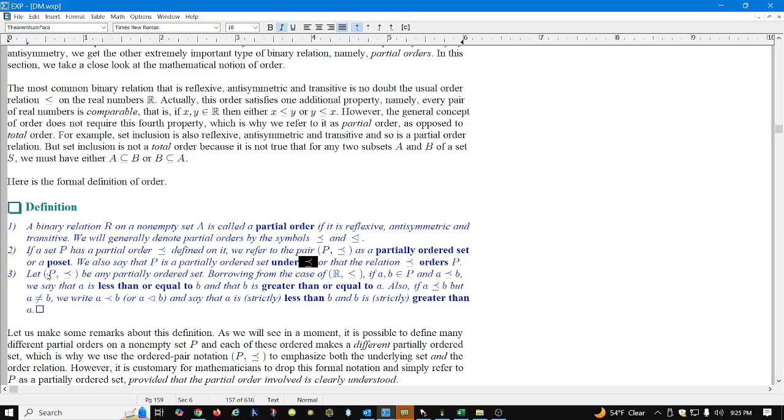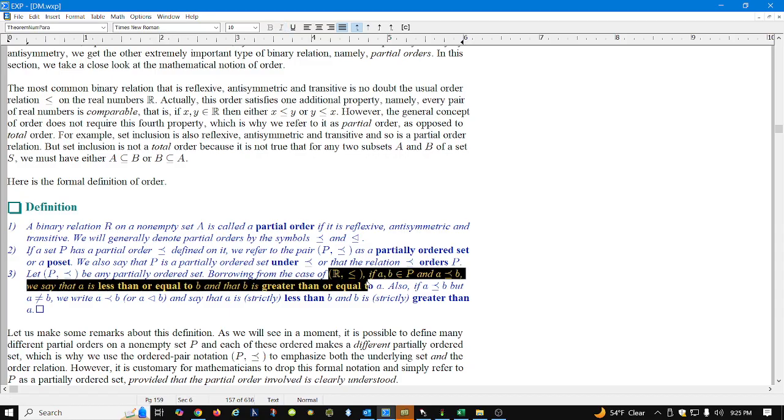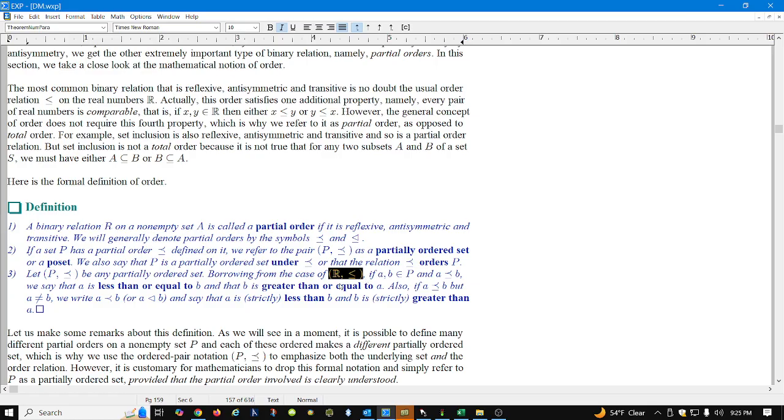If we have a partially ordered set, borrowing from the prototypical case of the real numbers with the usual order, we do say that if A and B belong to this arbitrary poset, and we write this, A is related to B under this order, we would say A is less than or equal to B. It's just such convenient terminology, even though A and B may not be any kind of numbers.